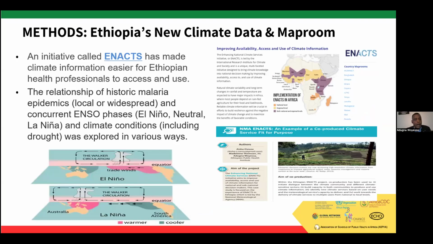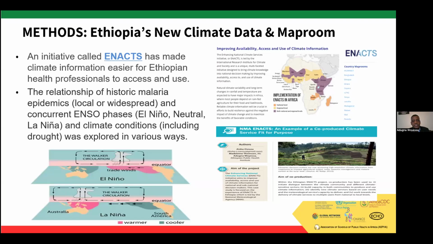So our approach was the new climate data. That means, as I've already mentioned, ENACTS is one of the areas that expanded in improving the climate data.